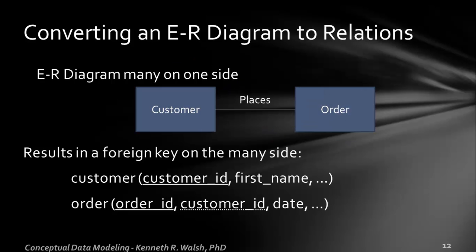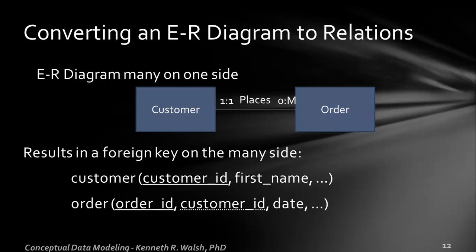So here's an example. A customer places an order. The cardinality is a customer places from 0 to many orders, while an order is placed by one and only one customer. When you have two entities in your ER diagram, one relationship, and you have a many on one side of that relationship, it results typically in two relations that correspond to those entities.